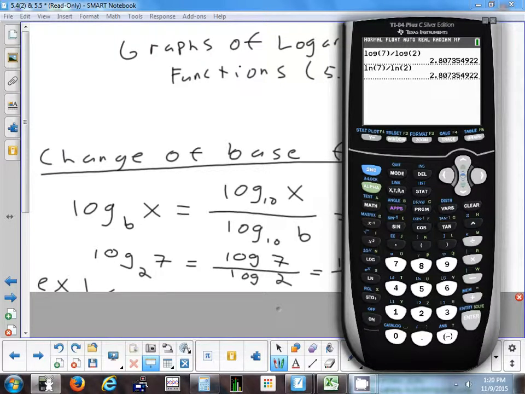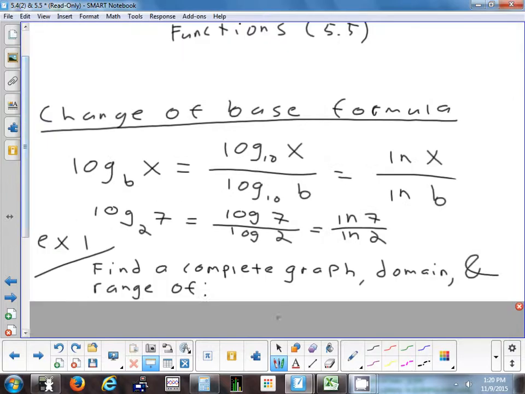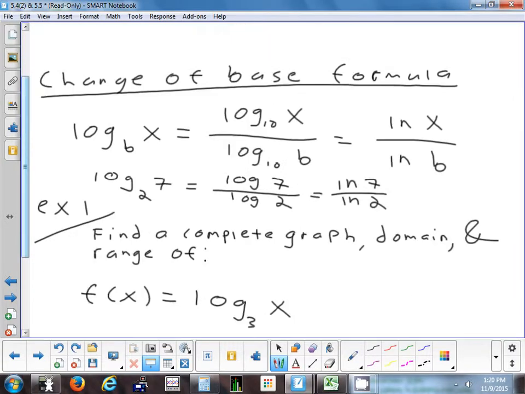Same answer. And this is called the change of base formula. Any questions on that? Change of base formula is helpful when we have to graph something that's not base 10 or base E. We have to use that formula to do it.